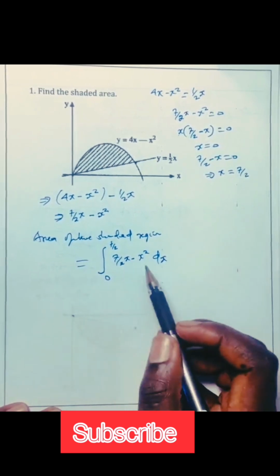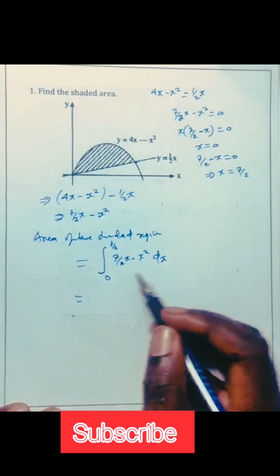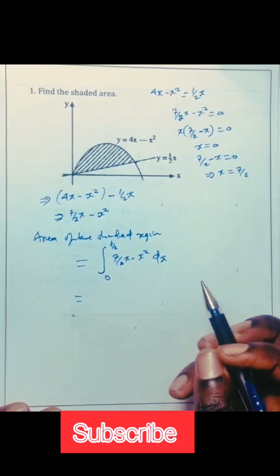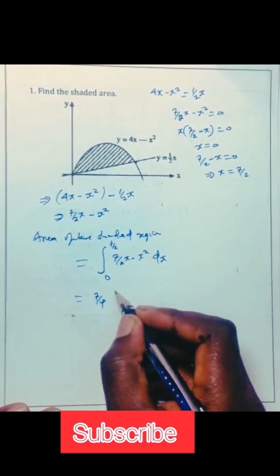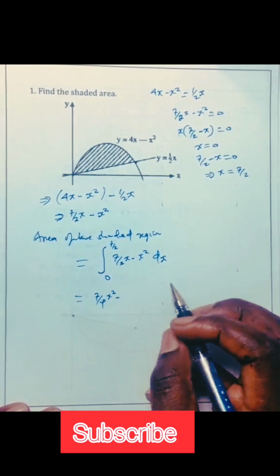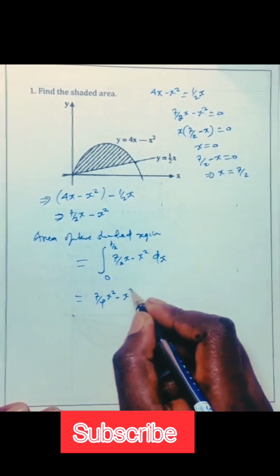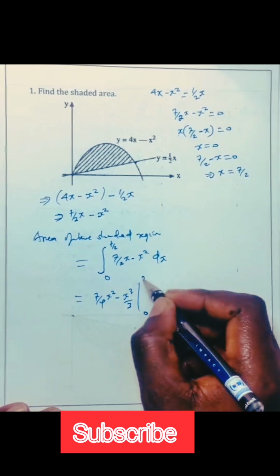We're just going to integrate that, and then we get the value when x is 0 and when x is 7 over 2. If we integrate this, we're going to have 7 over 4 x squared minus x cubed over 3, and then the limits are 0 to 7 over 2.